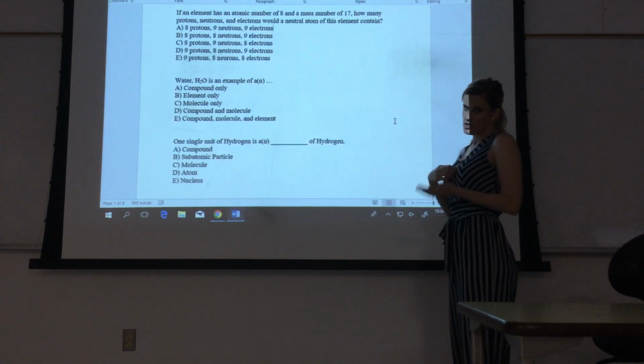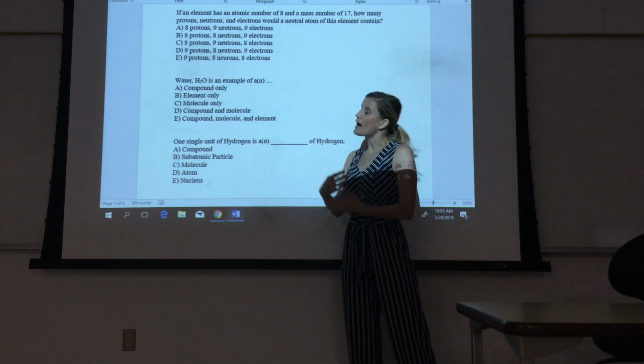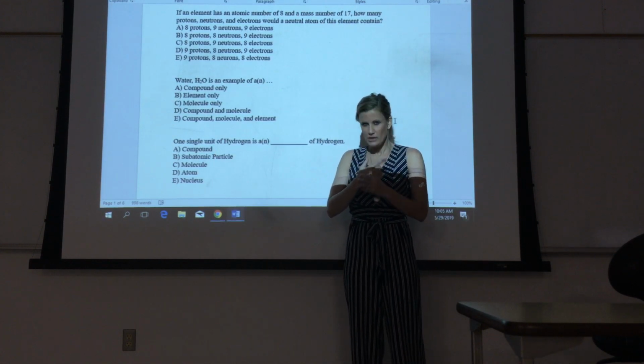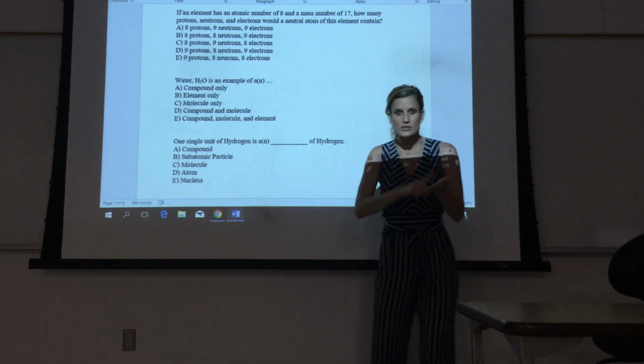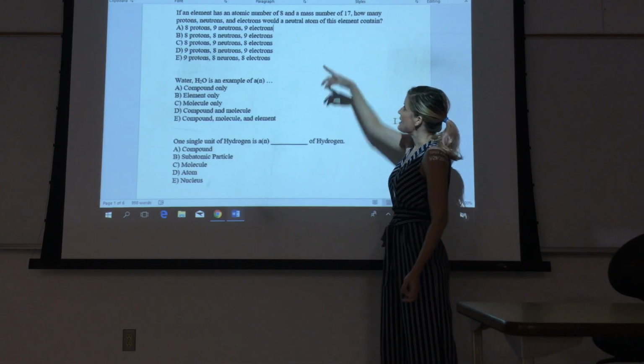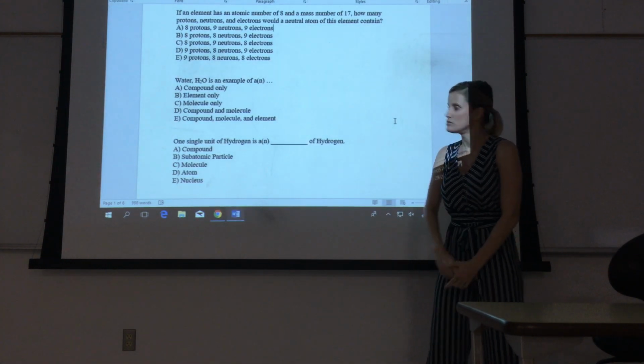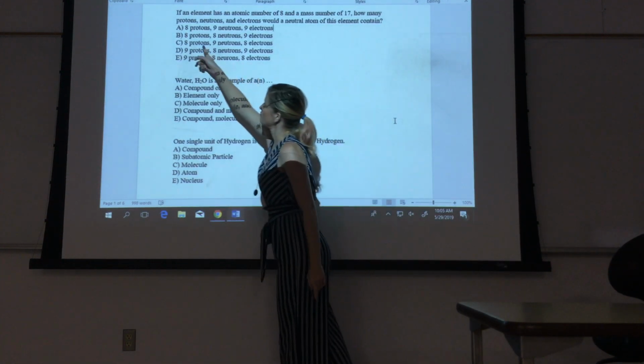To find out how many neutrons we have, we take the mass number and subtract the number of protons, because the mass is the number of protons plus neutrons. So 17 minus 8 protons gives us 9 neutrons. So C is correct.